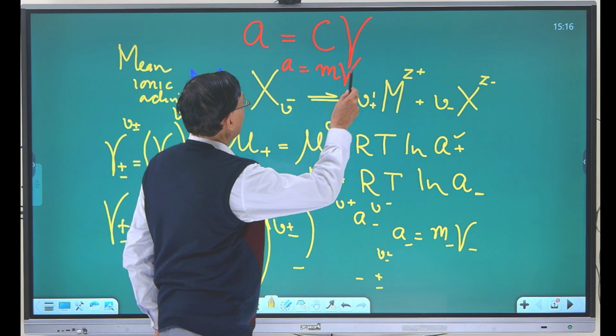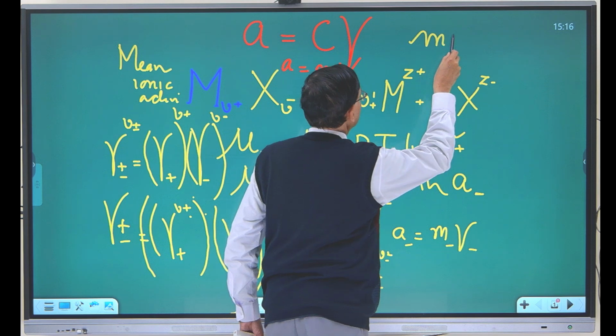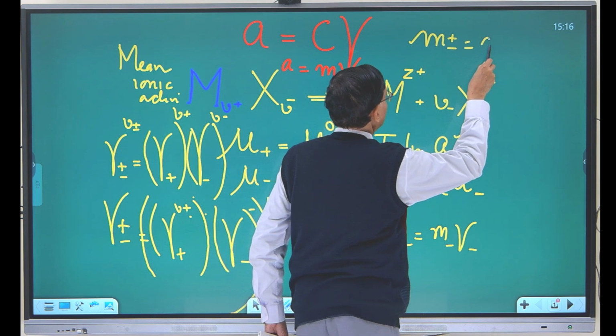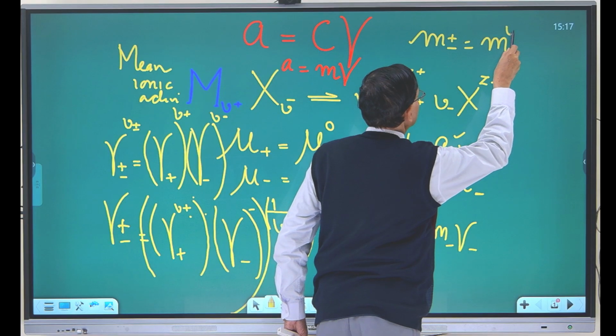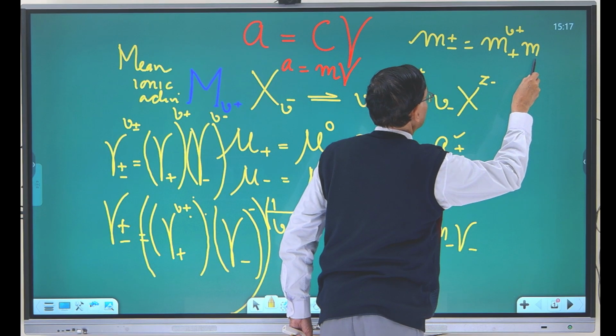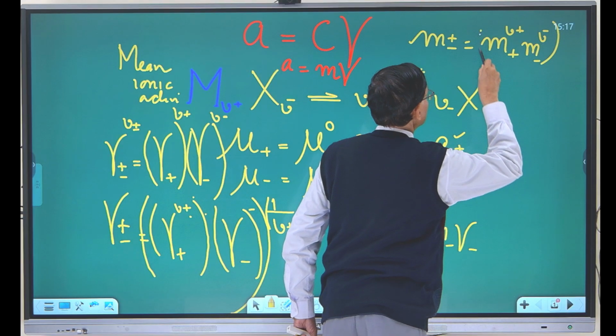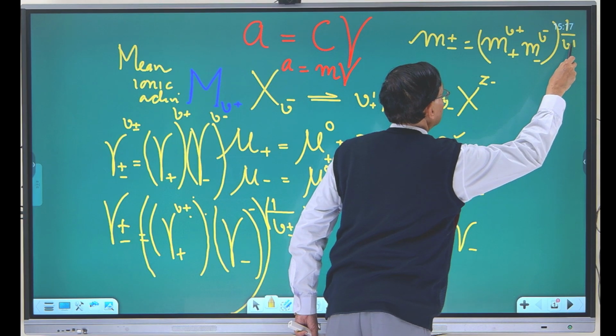Similarly, the mean molality is M plus minus equal to M plus to the power nu plus, M minus to the power nu minus, all to the power 1 by nu plus minus.